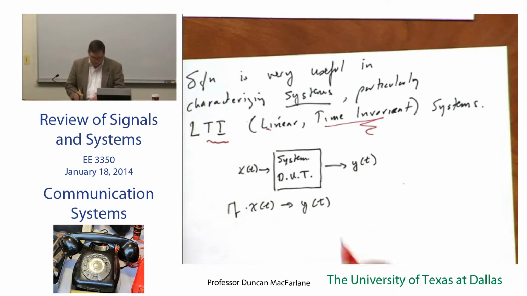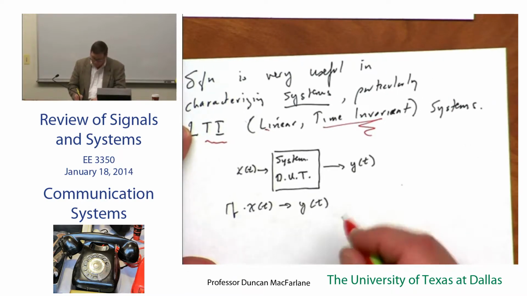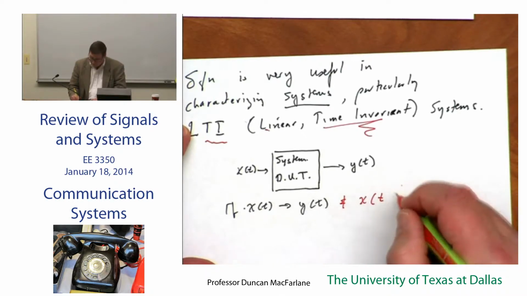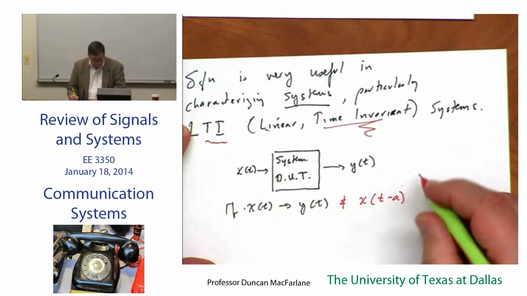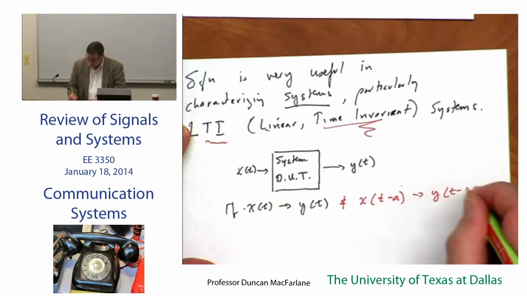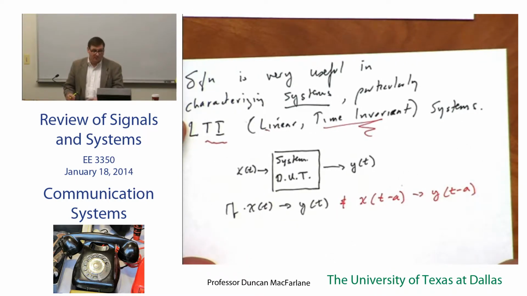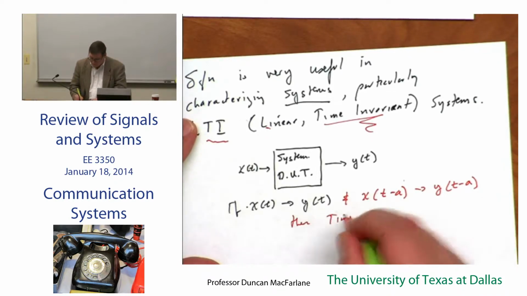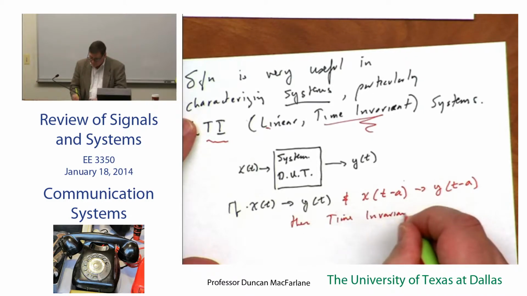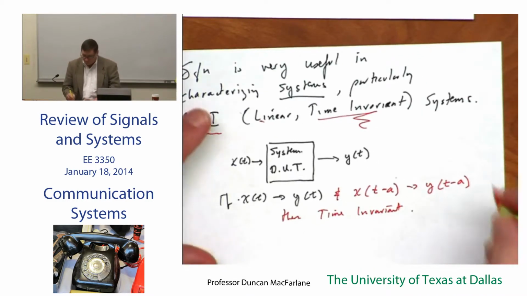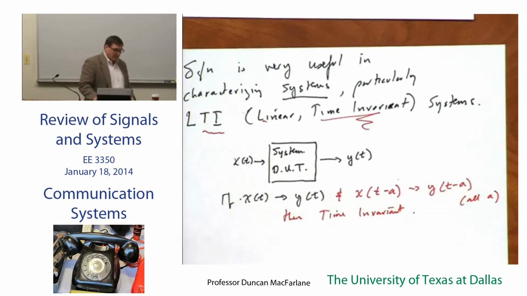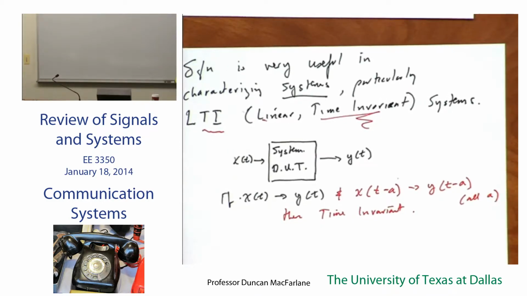If x of t goes to y of t, and x of t minus a, some small shift, goes to y of t minus a for all a, then the system is time invariant.